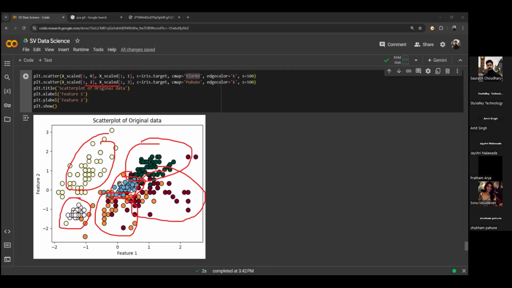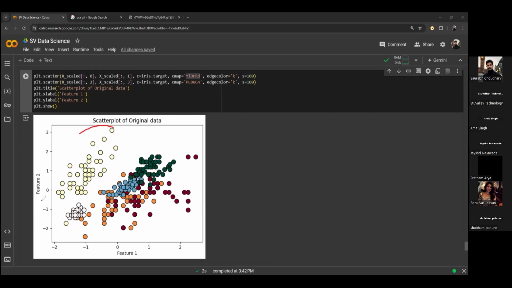To classify them easily, I think we just need petal length and petal width, because petal length and width, I think, are the most deciding factor to discriminate between the flowers.